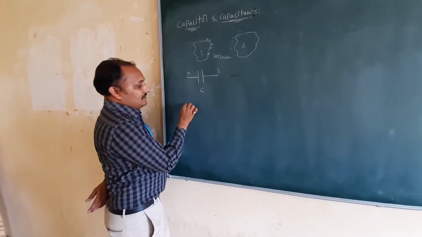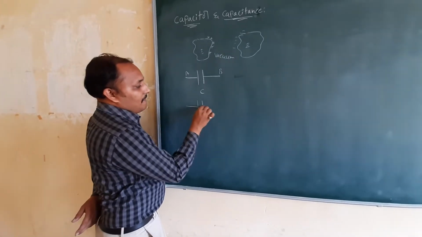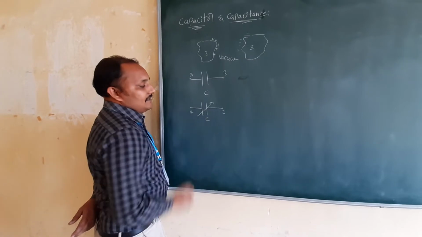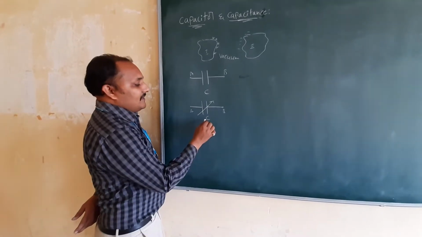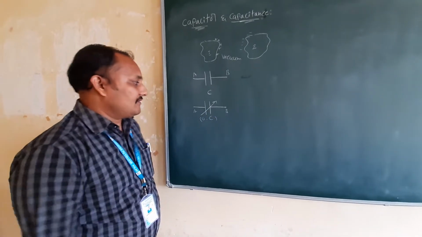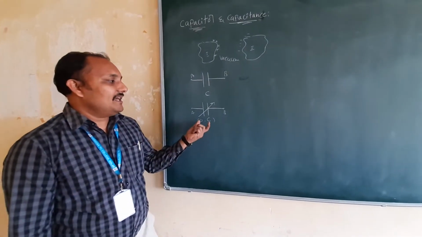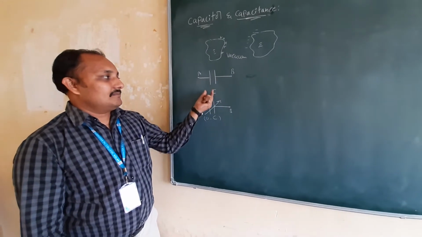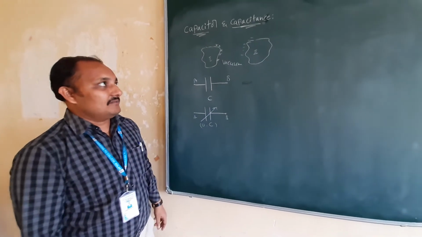The variable capacitor is shown like this. Variable capacitor means its value can be changed from 0 to some value. The capacity is variable. This is the variable capacitor, this is the constant capacitor. We can change the capacity value.